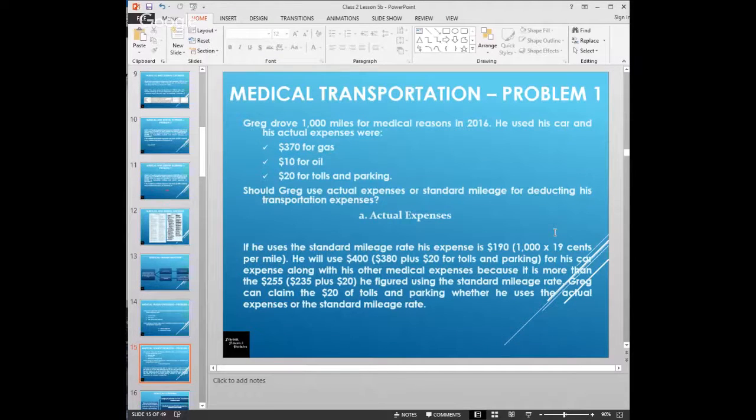If he used the standard mileage, it would be $190. The $20 for tolls and parking goes into both, so you would be able to count the $20 for tolls and parking with the $190 for the standard, as well as with the $380 for the actual.